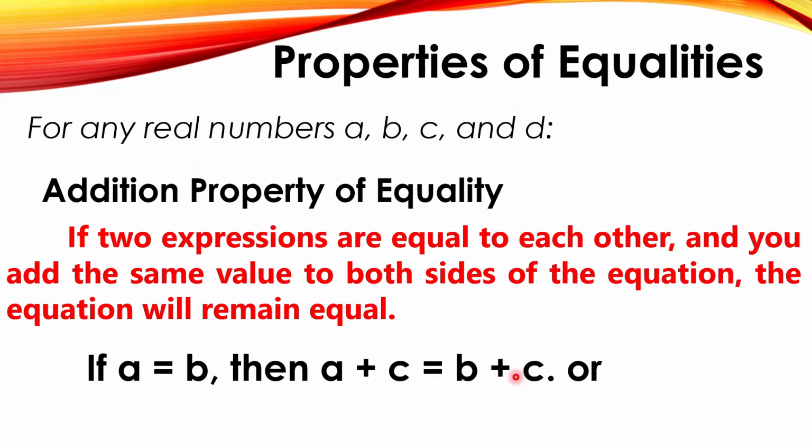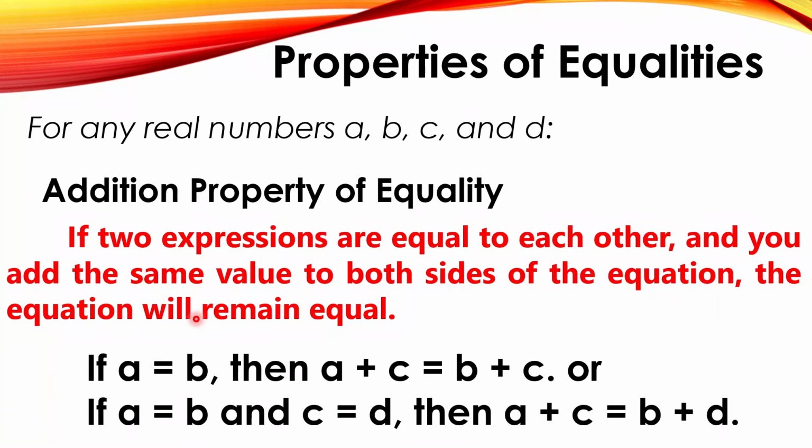So we add a real number which is c to both sides. Or if a is equal to b and c is equal to d, then a plus c is equal to b plus d. So for example, if 2 is equal to 2 and 3 is equal to 3, therefore 2 plus 3 is equal to 2 plus 3. That is 5 is equal to 5.